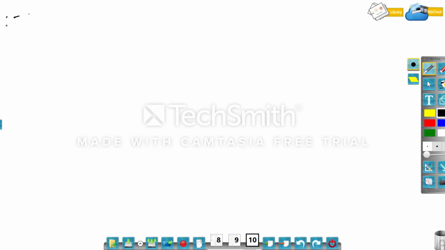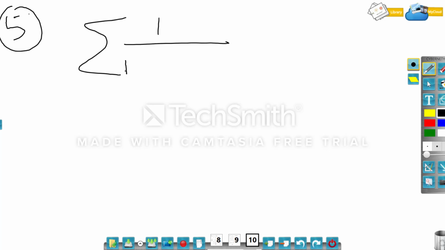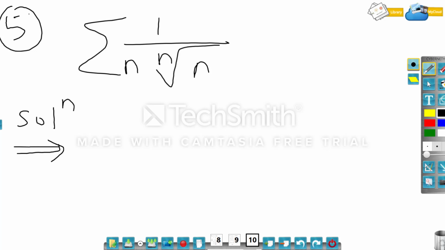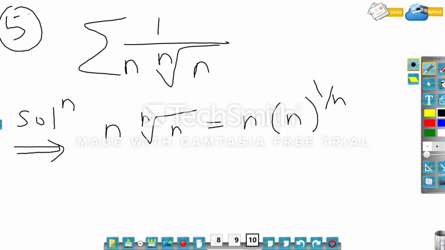Question number 5. Series 1 upon n into nth root of n. Solution. N into nth root of n can be written as n into n raised to 1 by n.